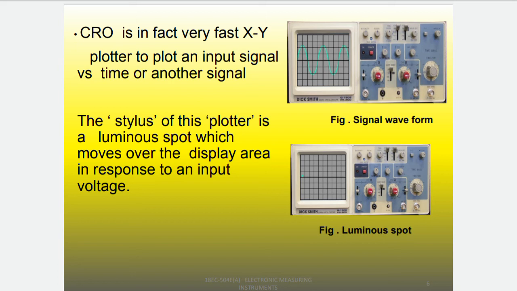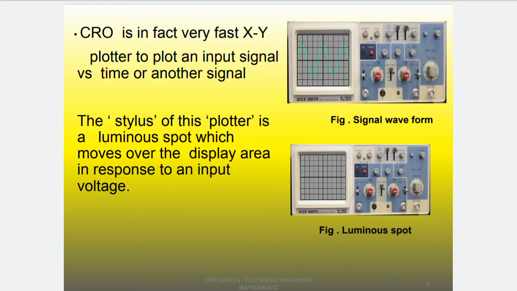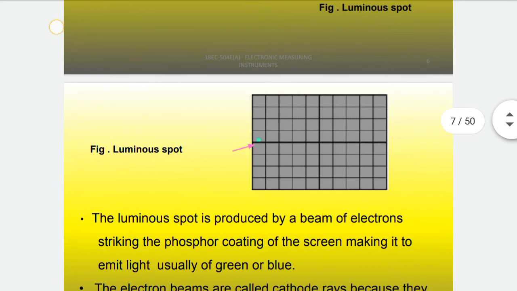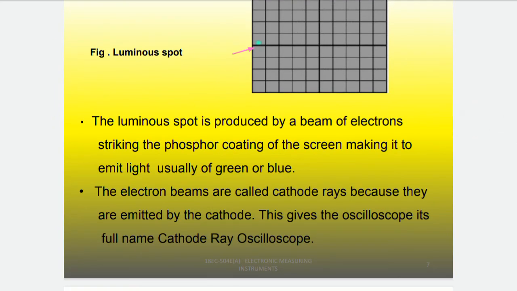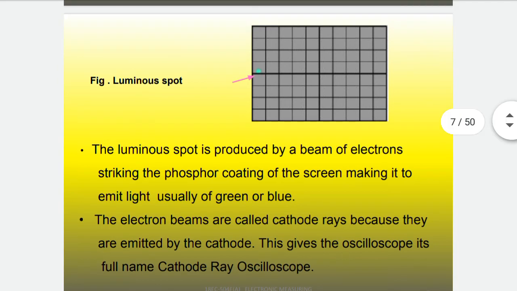You can take it like this, and the stylus of this plotter is a luminous spot which moves over the display area in response to an input voltage. You can see in the figure the luminous spot, in blue-green color, on the oscilloscope screen.